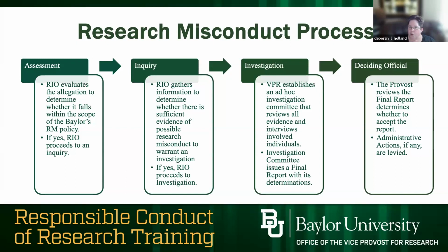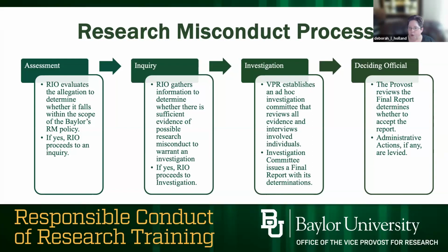The committee is the one that will interview individuals and go through all of that review. And they will ultimately issue a final report with its determinations of whether research misconduct did occur, whether there was honest error and therefore it's not research misconduct as well.